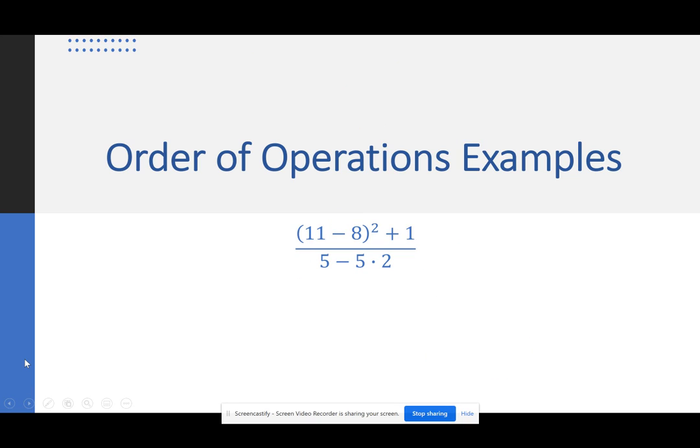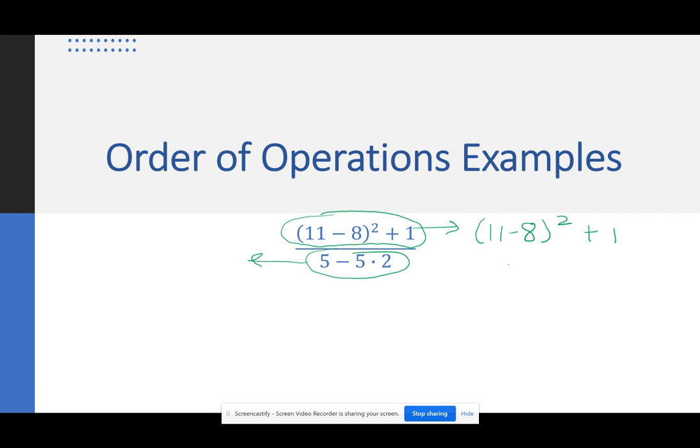Uh-oh, this one looks scary. So now we're adding in some fractions, or like a big division problem. You can almost treat this like two separate problems. So we're going to simplify the top first and the bottom separately and then divide them out. If we look at just 11 minus 8, squared, plus 1, we're going to start in the parentheses.